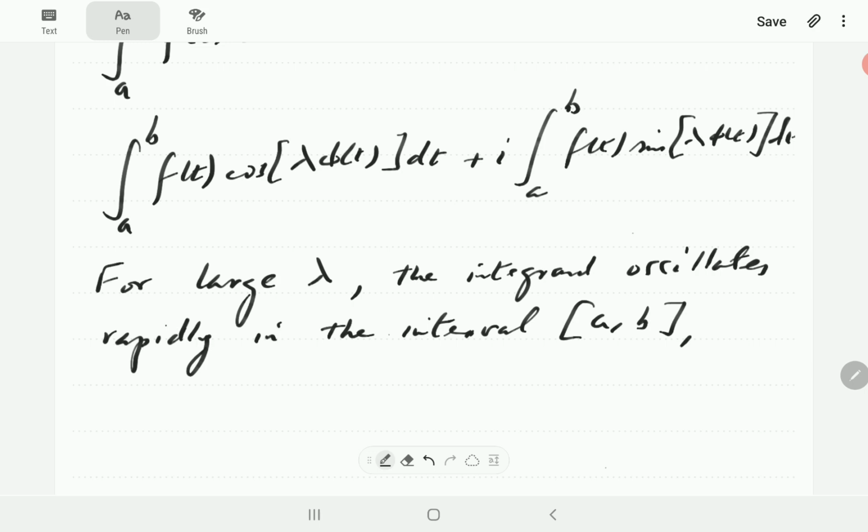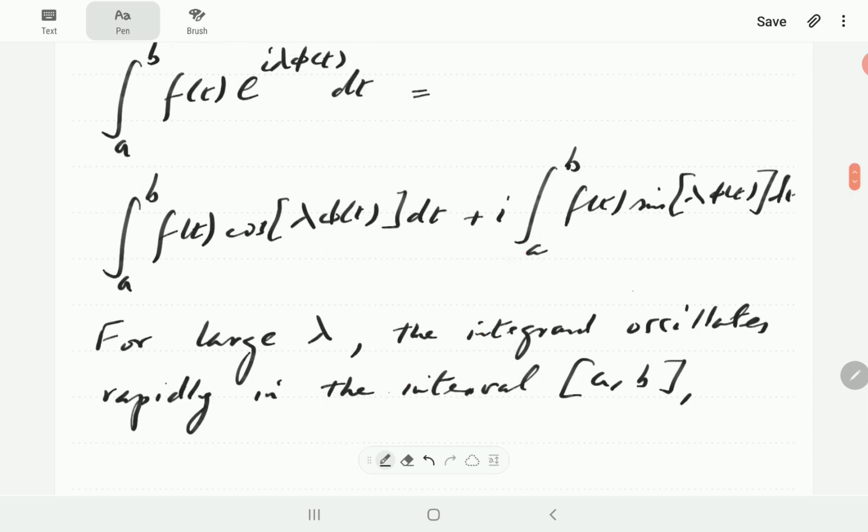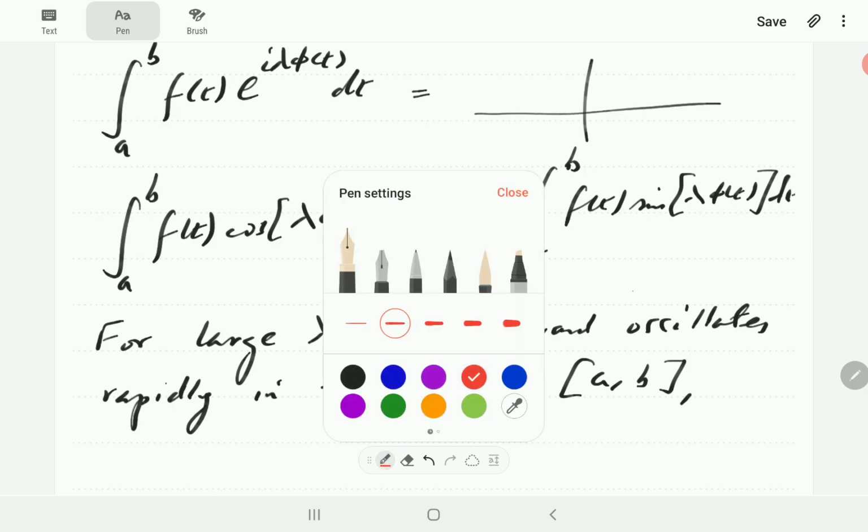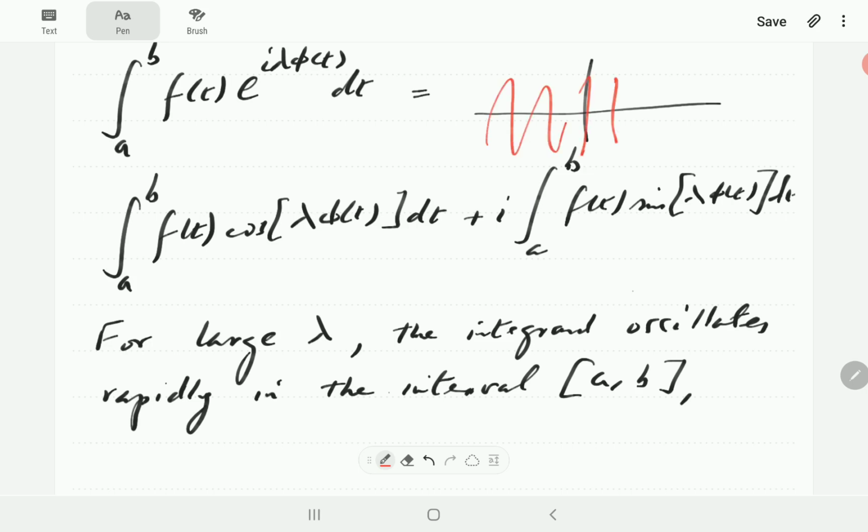So when it oscillates rapidly, then the integrals or the areas under the curve are going to cancel out, because some of the areas are going to be positive and some of the areas are going to be negative.